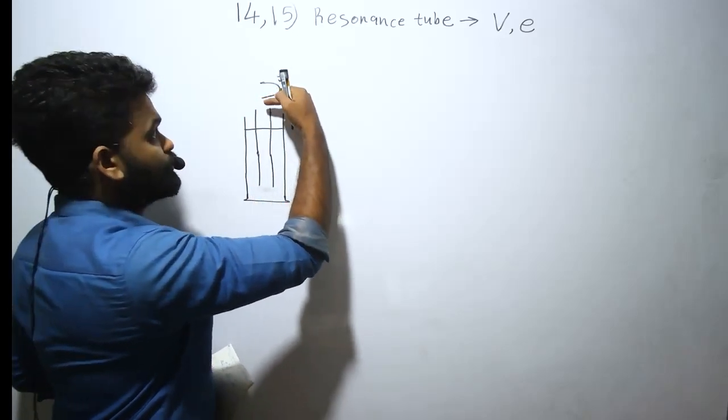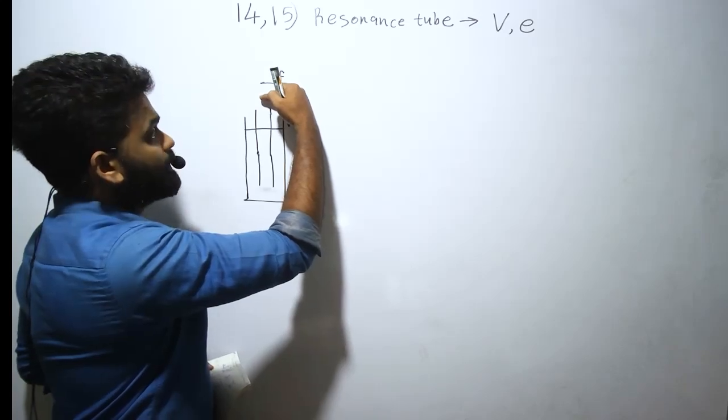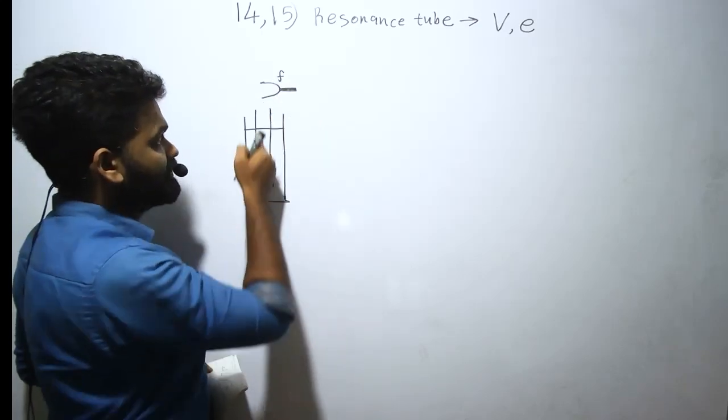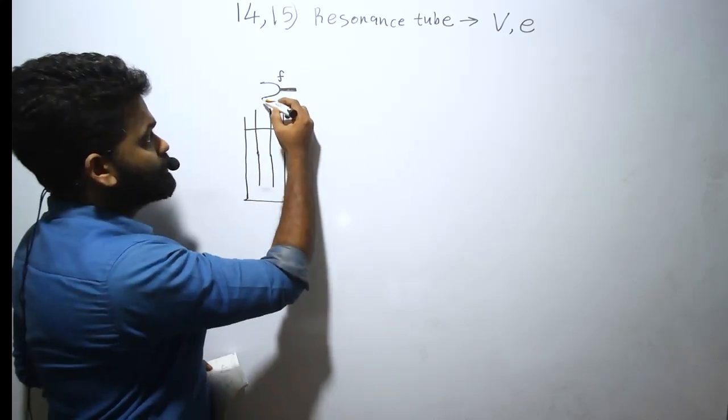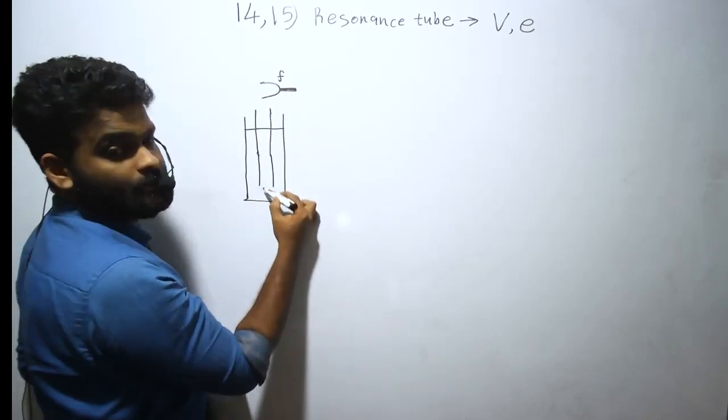The prong should be perpendicular to the direction of waves. So this prong would send a wave through the pipe.